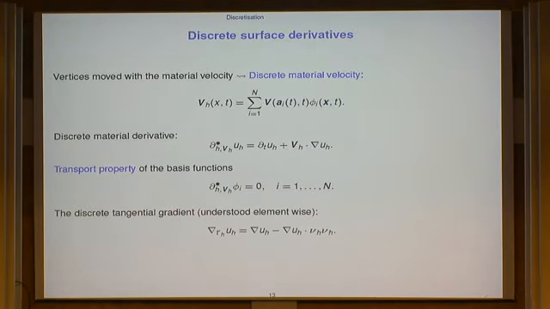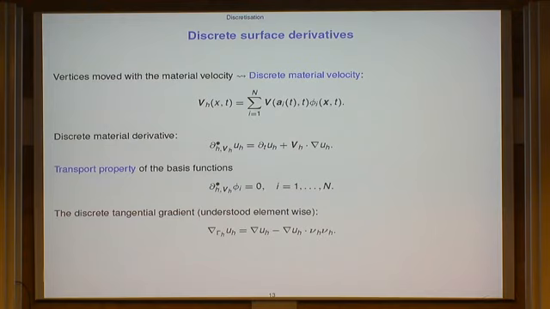Okay, so my assumption here is that the vertices of my triangulated surface lie on the continuous surface at all times. One way to ensure this is to move the vertices of the triangulated surface with the material velocity of the continuous surface. If I do this, this induces a material velocity of my triangulated surface, which looks like that first line there.